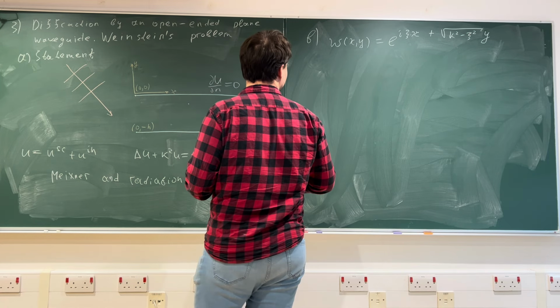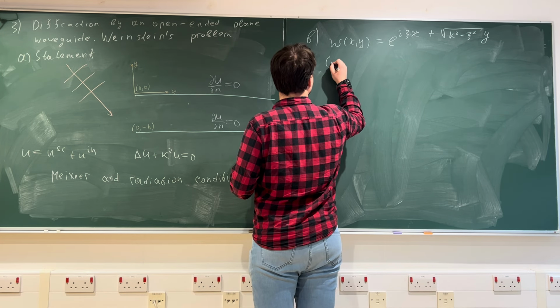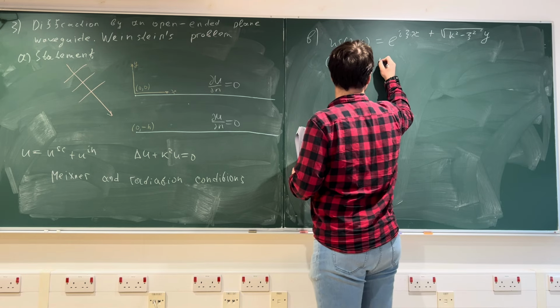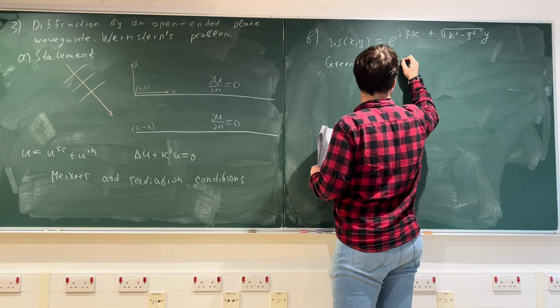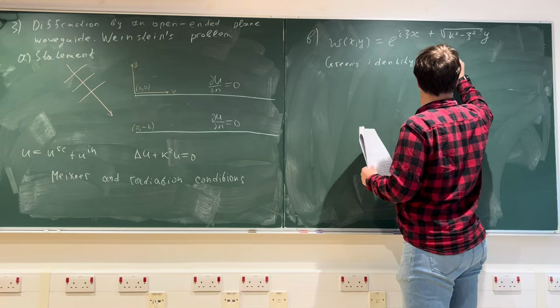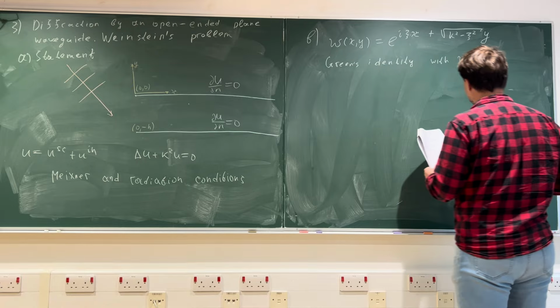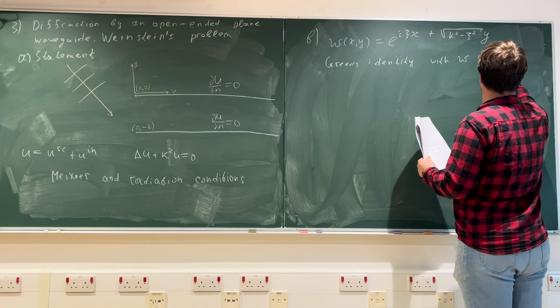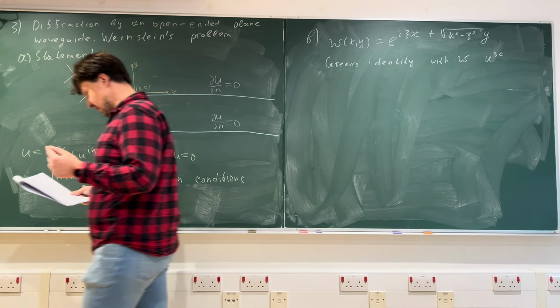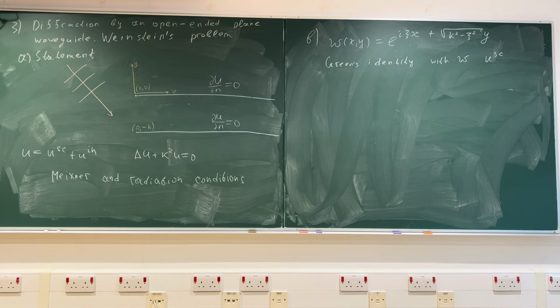And then I will apply Green's identity with W and the scattered field. But I will apply the identity for 4 different domains. This is the first reason why things are more involved right now.